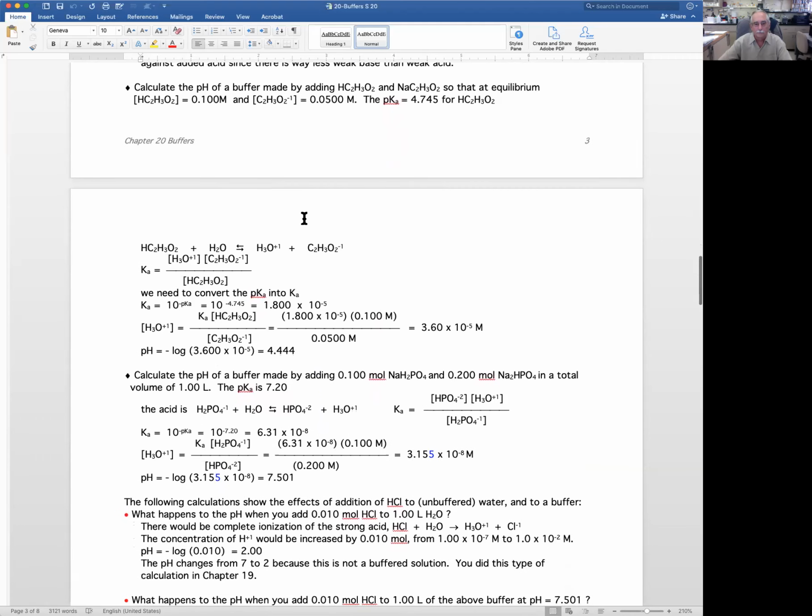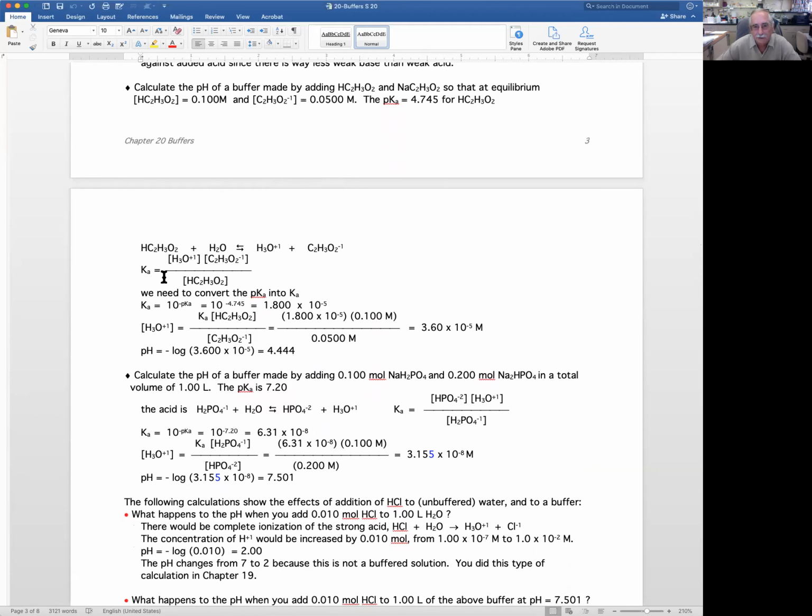So let's do another one. Calculate the pH of a buffer made by adding hydrogen, whatever this is. And if you look carefully, you'll see that, well, that's the acetate ion. So this is acetic acid. This is sodium acetate. So this is the acid. That's the base. So I take the acid, I put it in water, and then it's products over reactants.